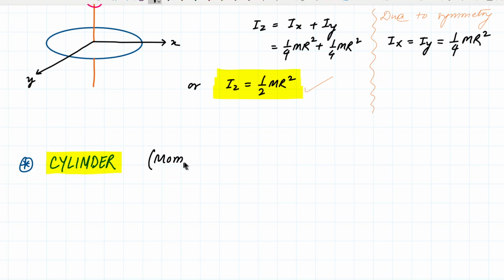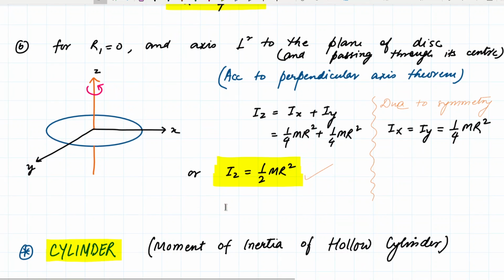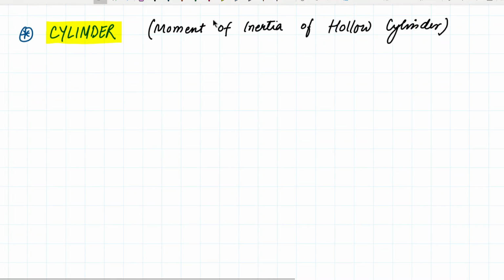I am going to find the moment of inertia of a hollow cylinder. Okay, shall we move ahead from here? Yes sir. Okay, so let me draw the diagram first.